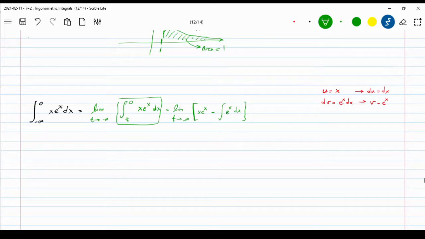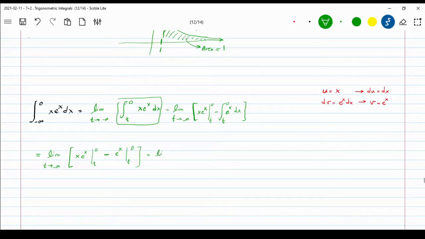So the next step is the limit of x e to the x from t to 0 minus the integral of e to the x, which is simply e to the x, from t to 0. You can evaluate at the end, or you could have done it at this step, it doesn't really matter.